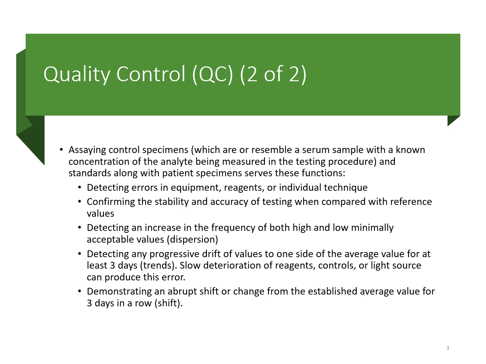Does it fall within the reference ranges for that particular QC material? It's going to help you detect any sort of increase in frequency of both high and minimally acceptable values. So it's going to assess that dispersion. Are you able to send out values that are on the low end or on the abnormal side of low and the abnormal side of high?